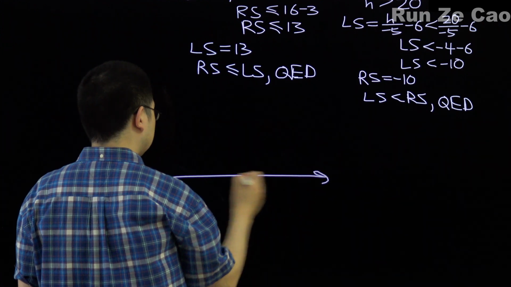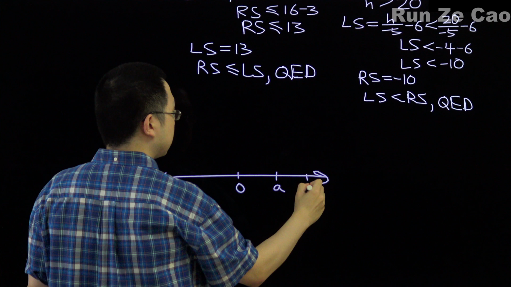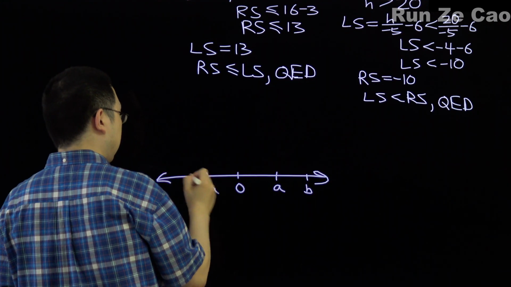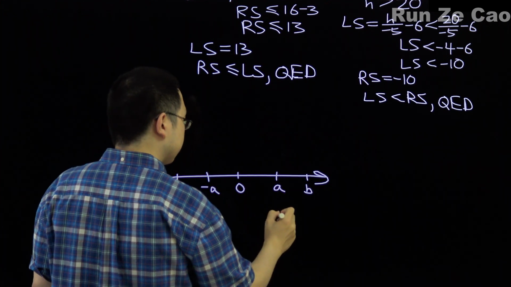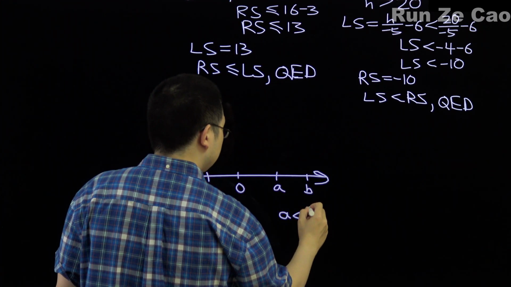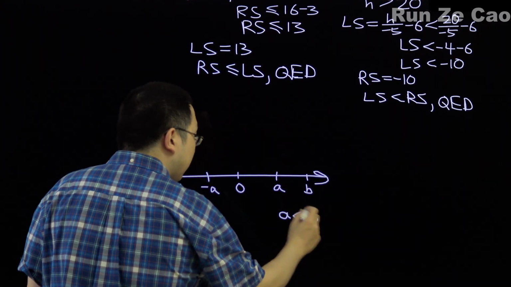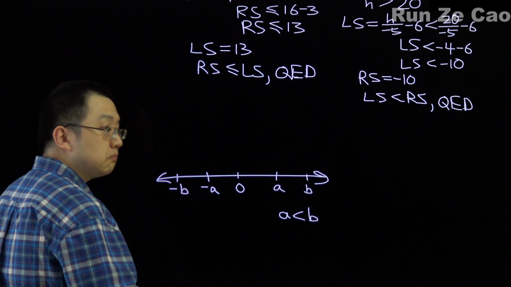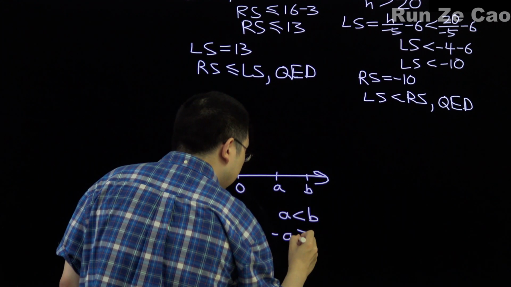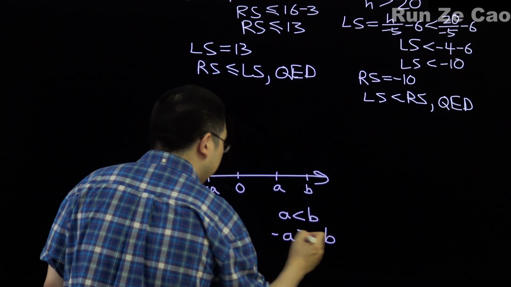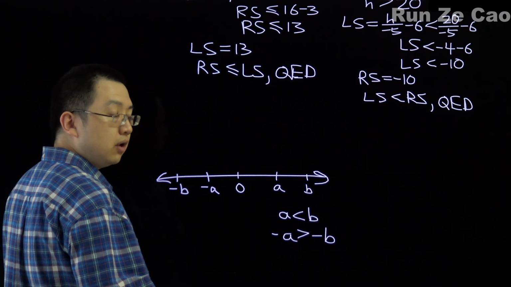Remember that little sketch I gave you guys for 0 and then A and B, then you had negative A and negative B. If A is smaller than B, true. But if you multiply both sides by negative 1, what happens? You have negative A, it's suddenly bigger than negative B, because negative B is more negative now.